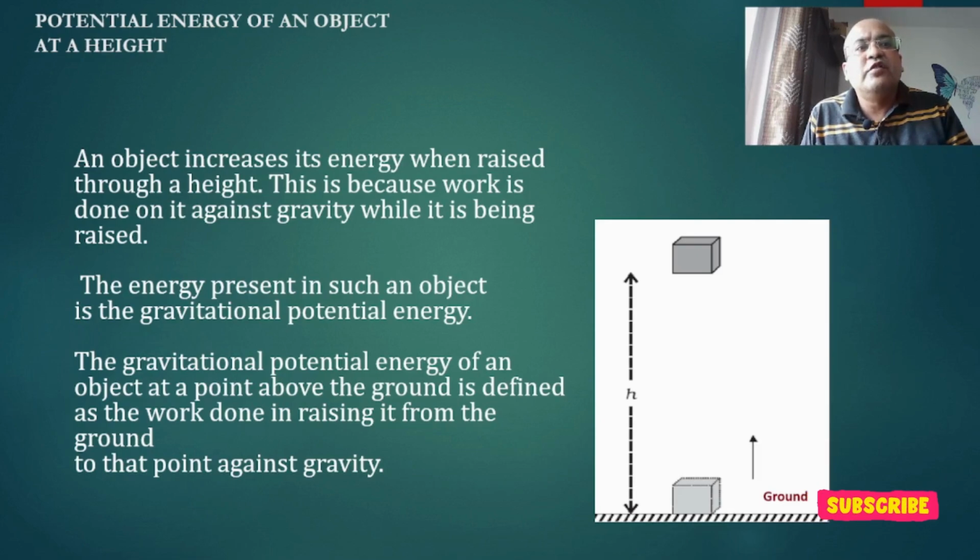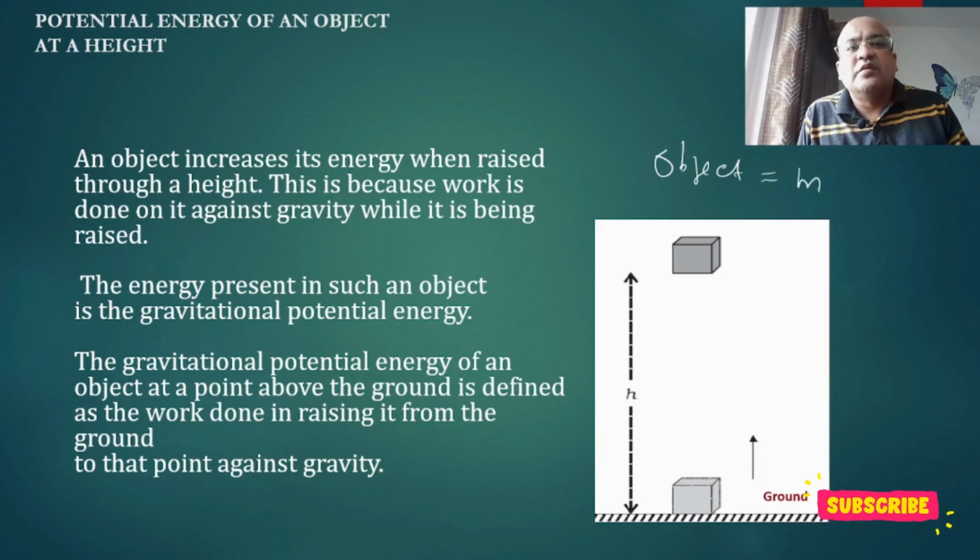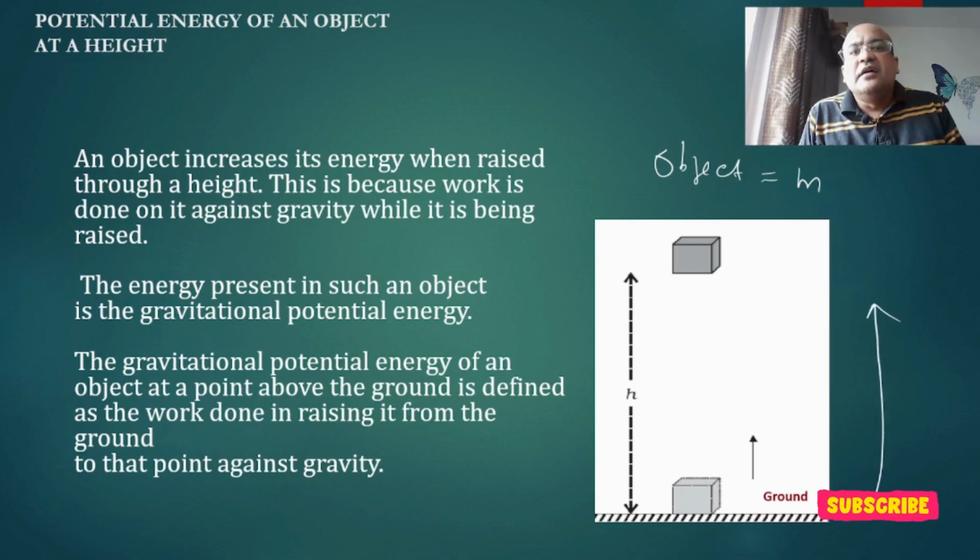Suppose you have got an object of mass m, and we have taken this object from the ground to a certain height. The energy it has gained is because work is done on it against the gravity while it is being raised.